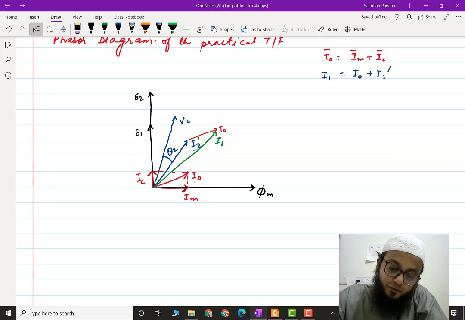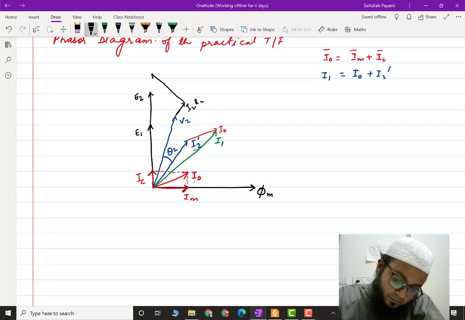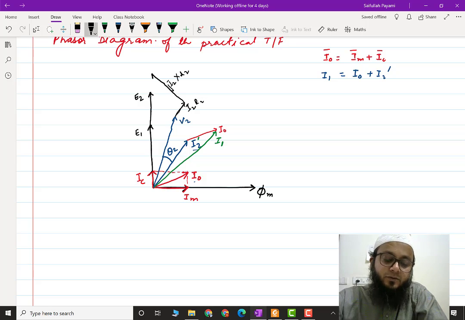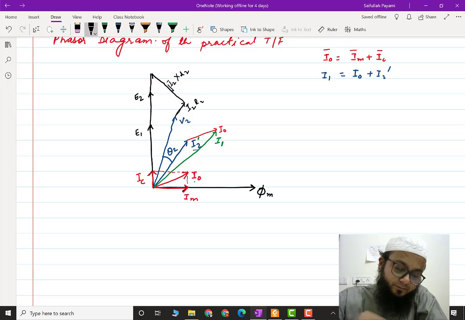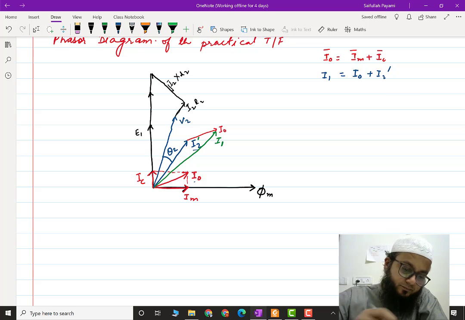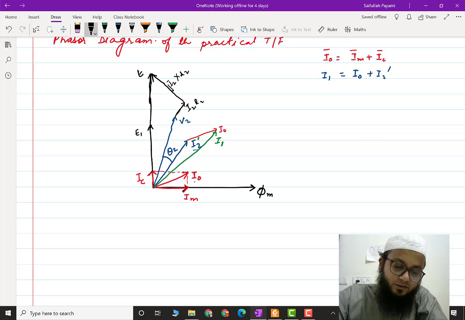I2 into R2 would be in phase with I2, so I am drawing it: I2 R2, and similarly J times I2 XL2. So here it is the E2. So this is E2.